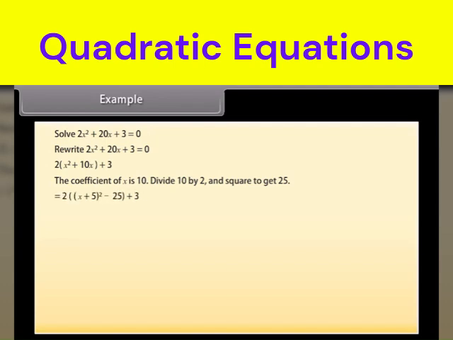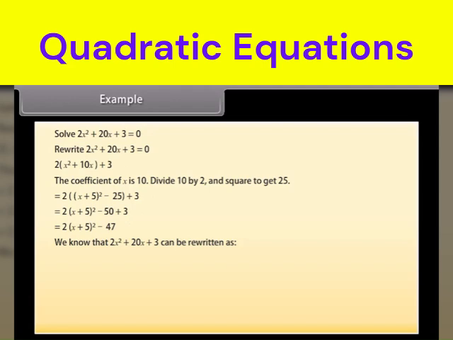This is equal to 2 into (x + 5)² - 25, plus 3, which equals 2 into (x + 5)² - 50 + 3, which equals 2 into (x + 5)² - 47.